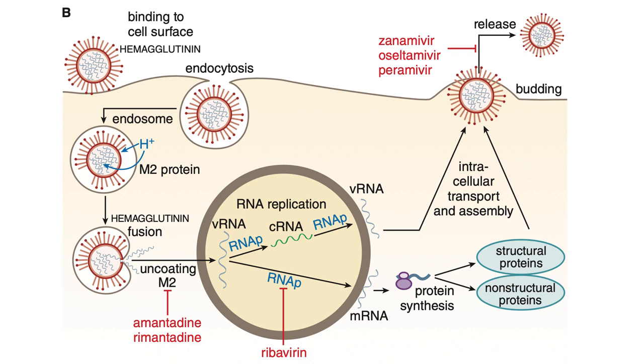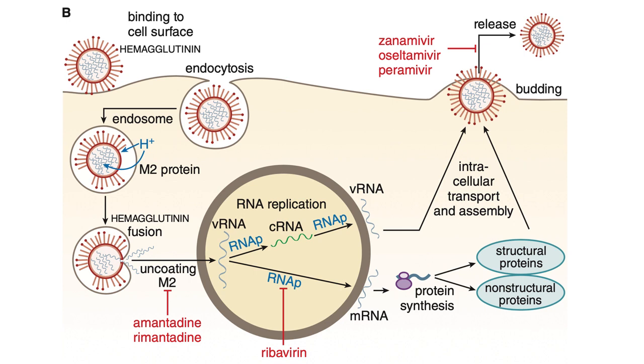So the viral RNA assembles into the immature virus, while the messenger RNA is processed by the host cell's ribosomes into structural proteins and non-structural proteins, which together with the viral RNA assemble to become the immature virion.